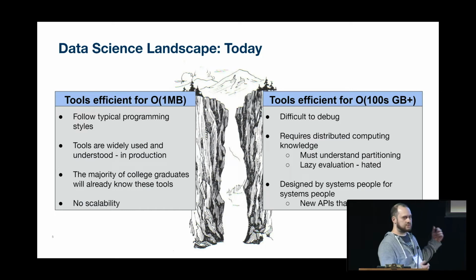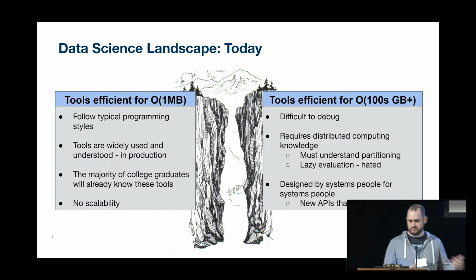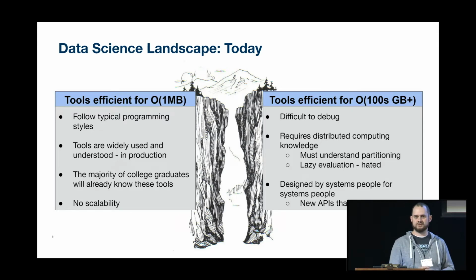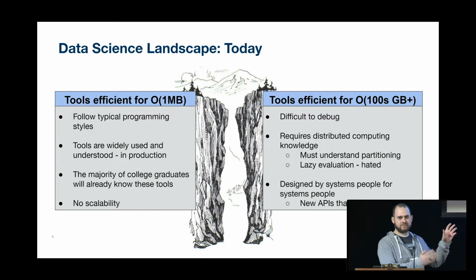Tools for small data typically follow programming styles that you're comfortable with in Python. They're really widely understood and used. So if you run into problems, you can just type your error message into Google, and you'll get loads of Stack Overflow posts about the same problem, and you can read the answers and get really solid advice for what to do.